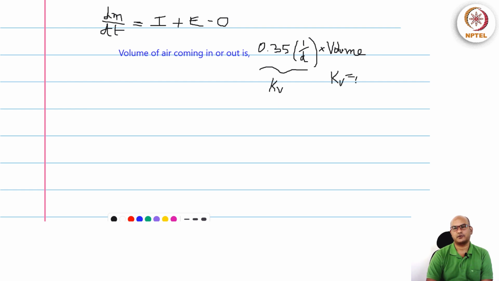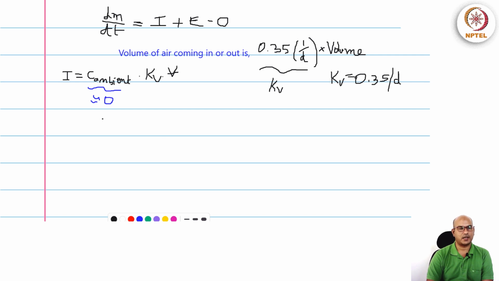KV equal to 0.35 per day. So I would be C ambient multiplied by KV multiplied by volume. Now we are told that the air is clean, so we will assume C ambient is close to 0. So I will just become 0.